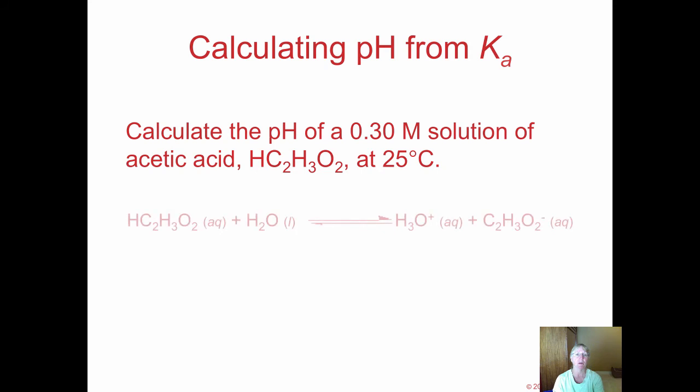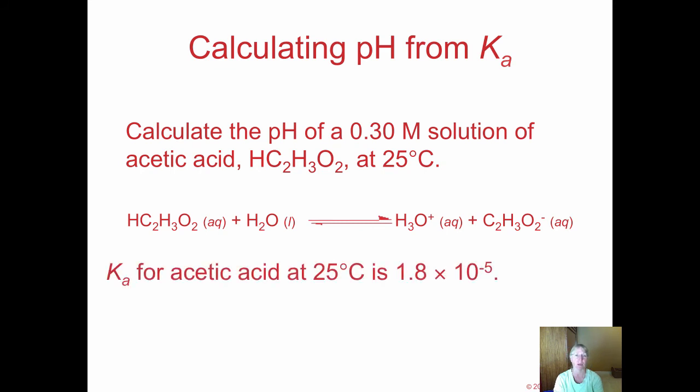If someone gives you the Ka, you can also use an ice chart to calculate the pH. Here is the correct equation that's written, and hopefully you've been conditioned to understand that if you are given acetic acid, a weak acid, to immediately write a Ka expression for it.